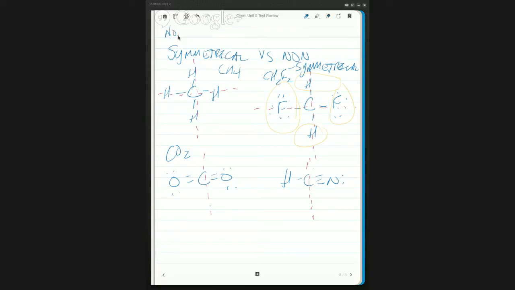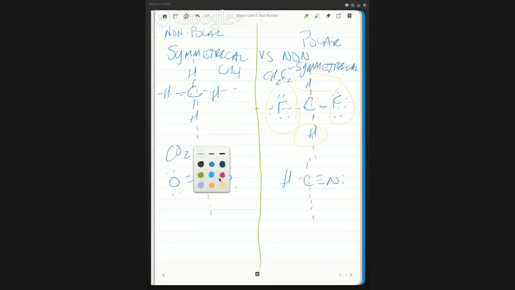Symmetrical is nonpolar, and non-symmetrical is polar. I'm starting to see a pattern there of how I was going to mess you up. So I'm going to divide these so you know which one's which. It has to be symmetrical to be nonpolar. If it's not symmetrical, then it's polar. Okay.